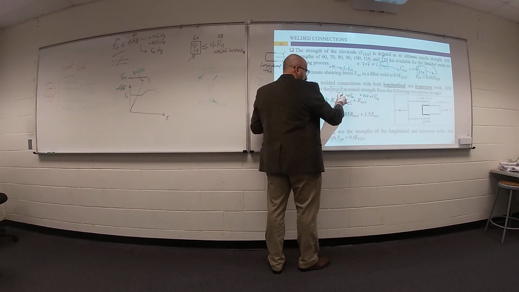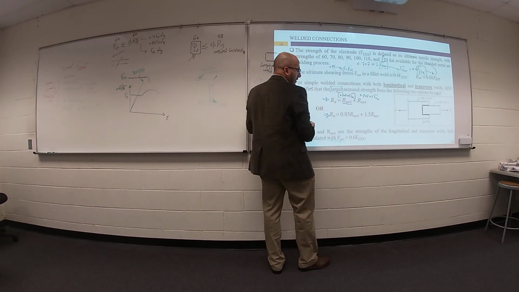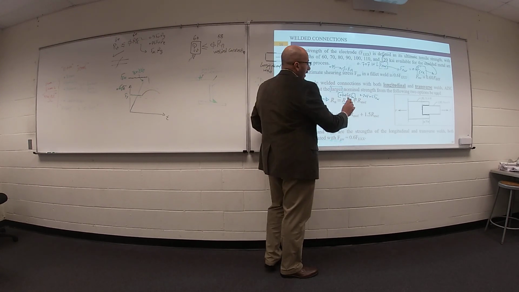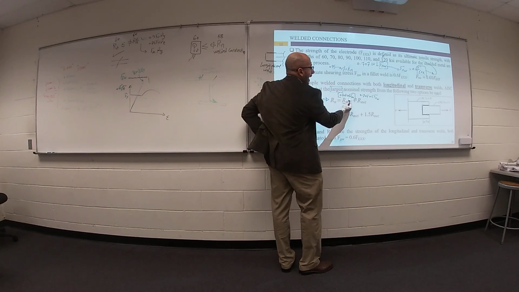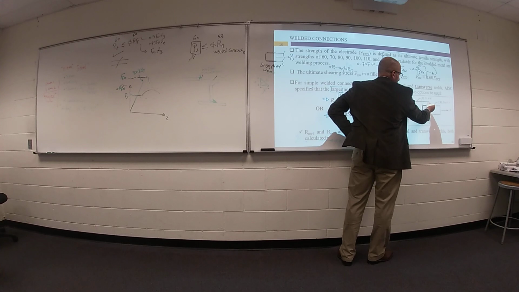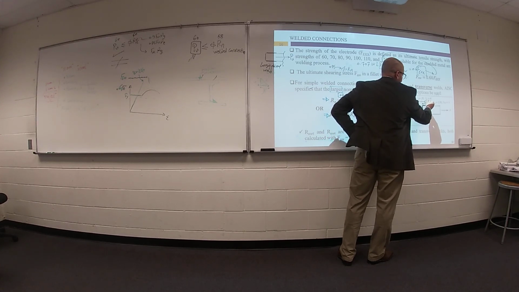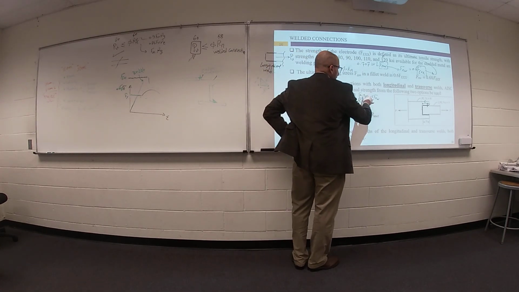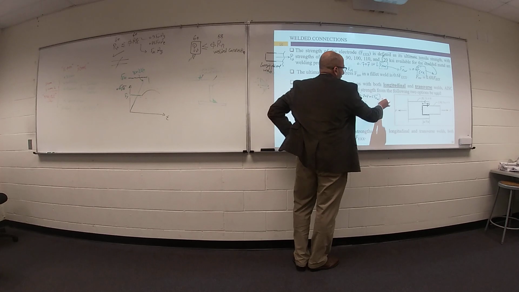But the first term is for longitudinal. What do I mean? I mean W and L for longitudinal. What is the W for this weld? What is the length for this weld? Longitudinal.